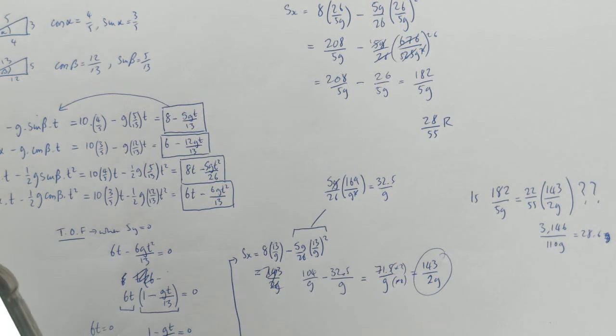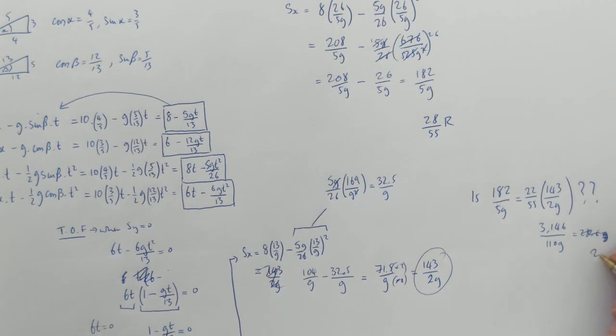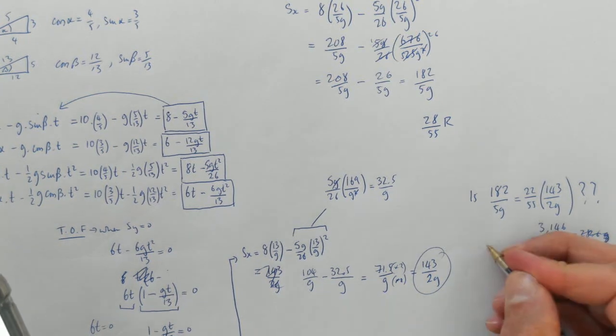Bear with me. 3146 divided by 110 times 9.8 is 2.918. 182 divided by 5 times 9.8 is 3.71.